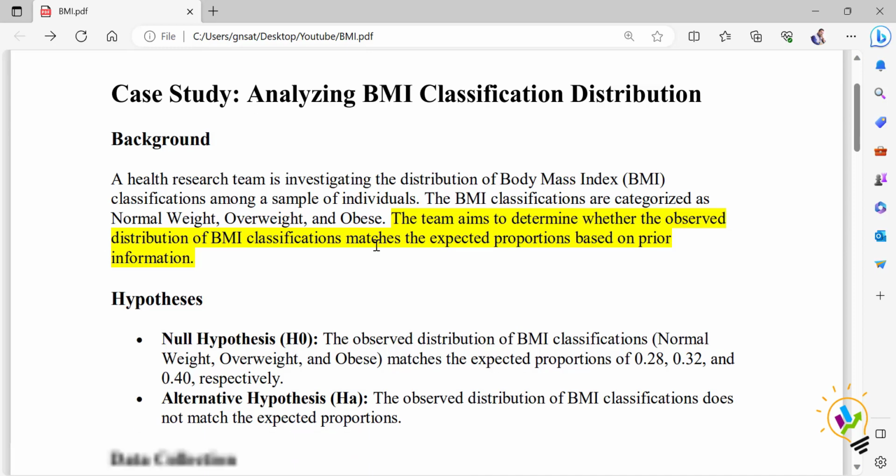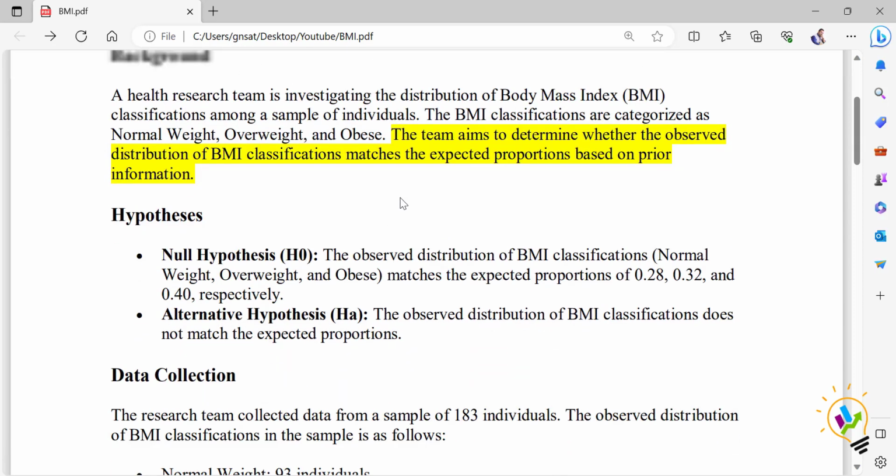The hypotheses are: null hypothesis, the observed distribution of BMI classification, that is normal weight, overweight and obese, matches the expected proportions of 0.28, 0.32 and 0.40 respectively. Now in the data we have the observed values, and there is an expected proportion, meaning 28% of the population are normal weight, 32% are overweight and 40% are obese.